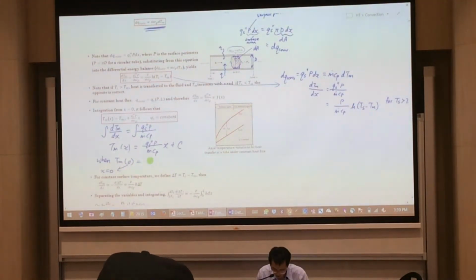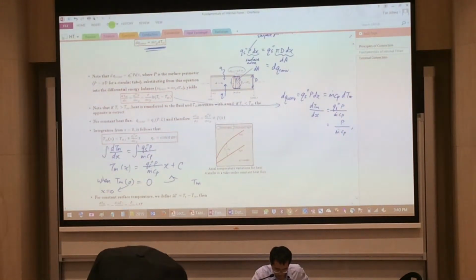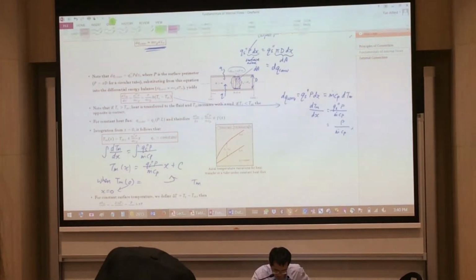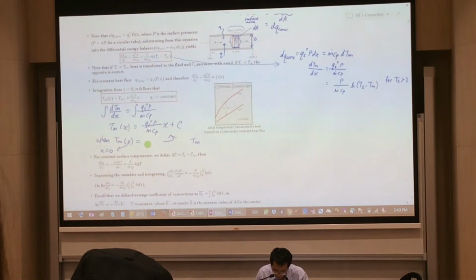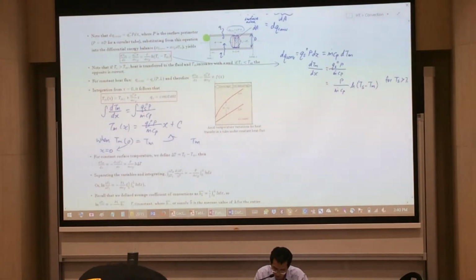When x is equal to 0, substituting into the equation above, Tm(0) is actually equal to Tm,i, because x equals 0 refers to the inlet, and at the inlet your Tm is the temperature that's coming in.